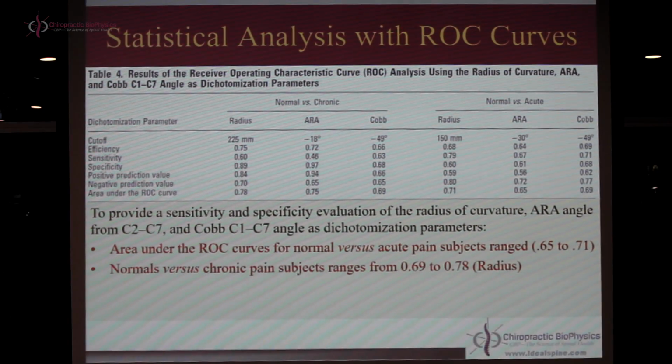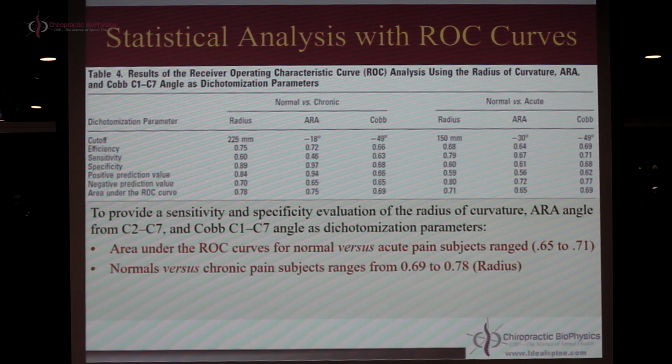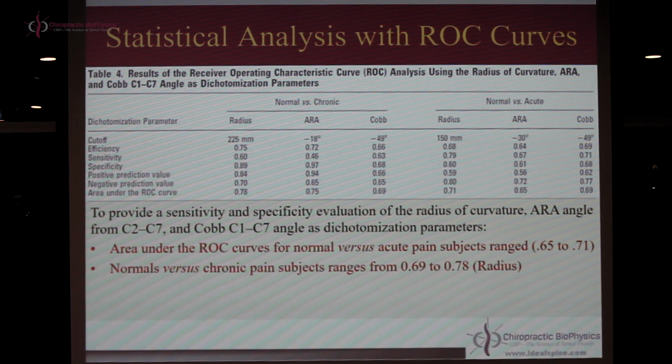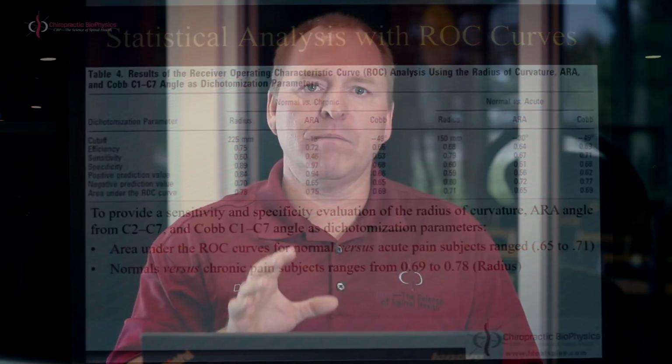So we have to look at what's called receiver operating characteristic curves. This tells me whether or not our data is really good. We're looking for, if I have ROC curves that are in the 0.7s and up, this is considered a good dichotomous variable or cut point to discriminate between a normal subject sample and a whatever sample, like chronic pain.